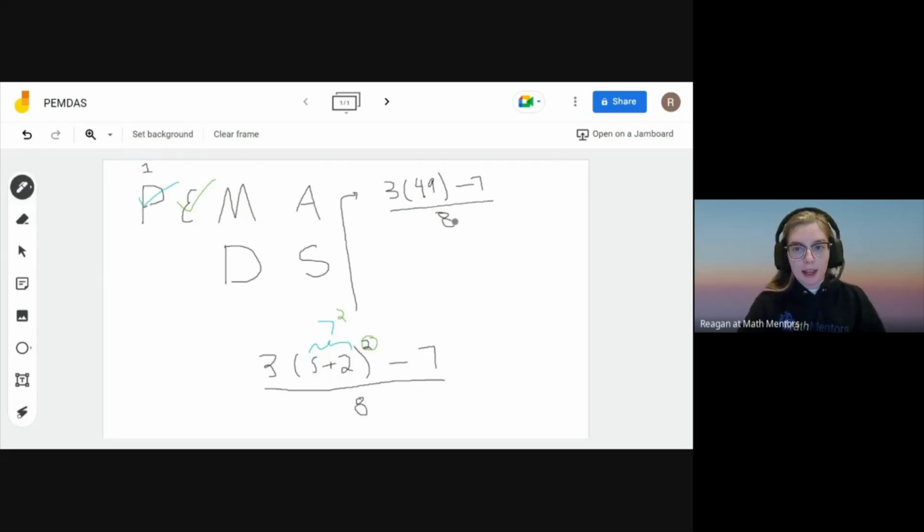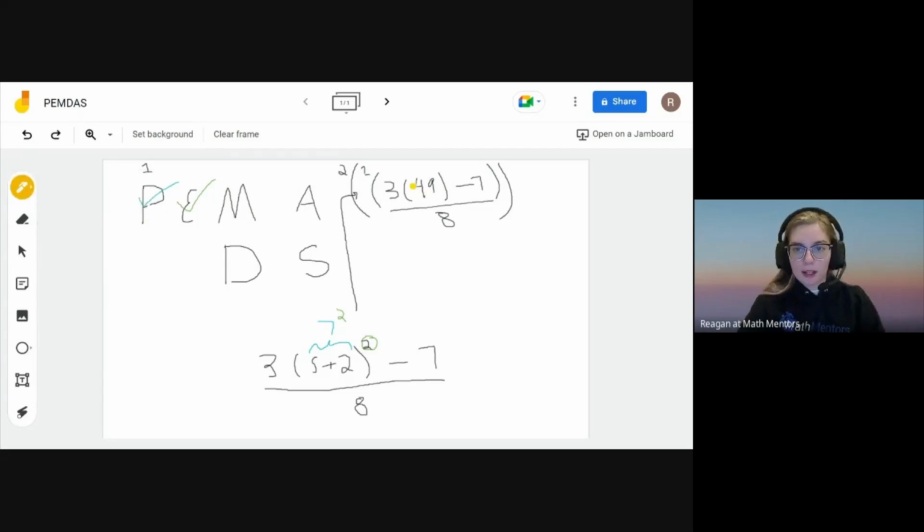Because this divided by 8 is dividing the entire equation by 8, there's actually invisible parentheses around this part of the equation. And according to our PEMDAS, we do parentheses first. So we'll do what's inside of this parentheses first, and then we'll do what's inside of the whole parentheses second, right? So in this instance, we'll do multiplication first.